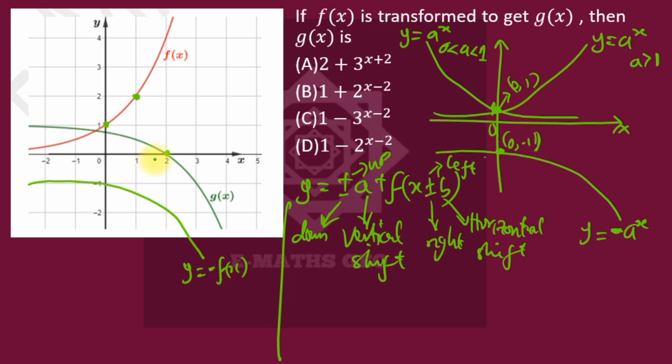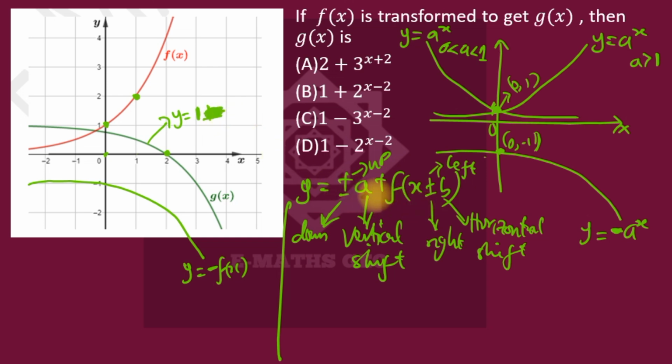And for me to get this g(x), I move this one unit up, and now move 1, 2. So this graph will now be 1 unit up, which is 1 plus. Because it should be minus, this is now minus f(x), no more plus.